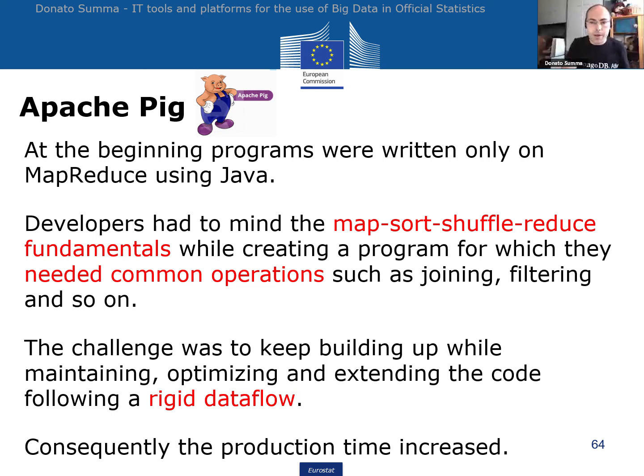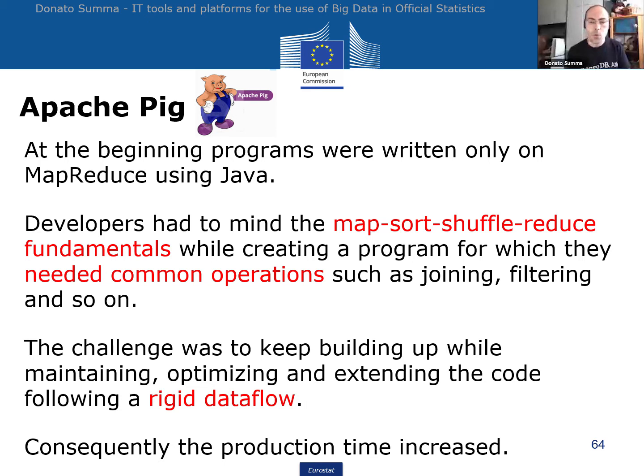Before explaining what Apache Pig is, it's important to spend some words about the motivations that triggered Apache Pig. We can say that at the beginning, programs were written only on MapReduce using Java.